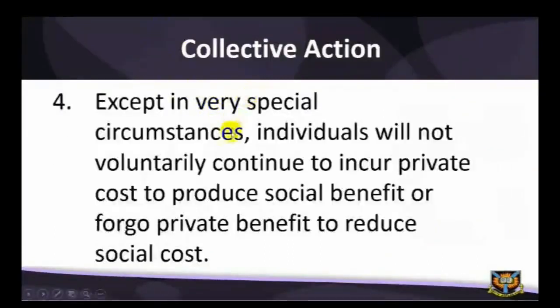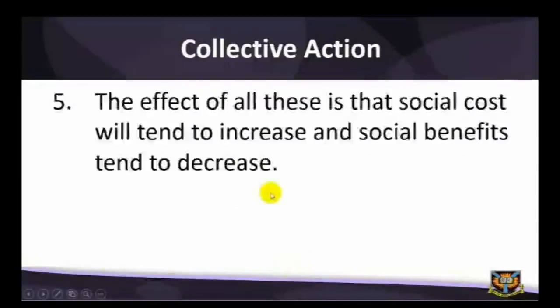Except in very special circumstances, individuals will not voluntarily continue to incur private costs to produce social benefit or forgo private benefit to reduce social cost. 5. The effect of all these is that social costs will tend to increase and social benefits tend to decrease. Government can solve collective action problem by encouraging, supporting, or even assuming responsibility for private actions which produce social benefits.